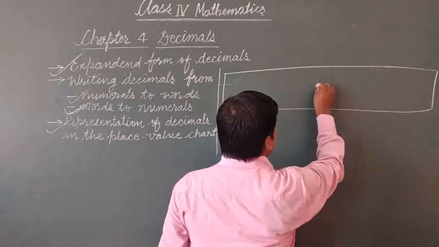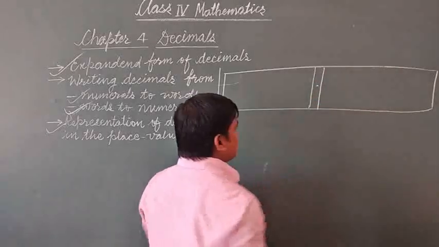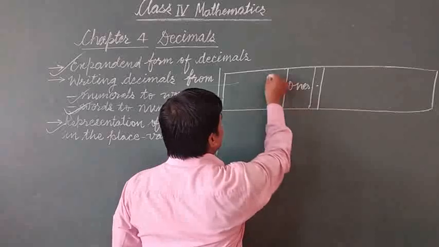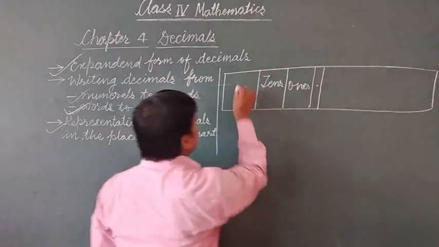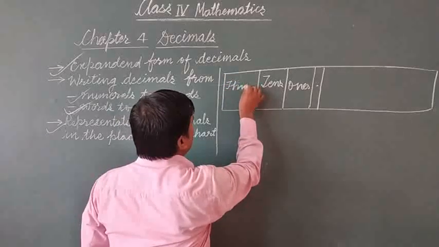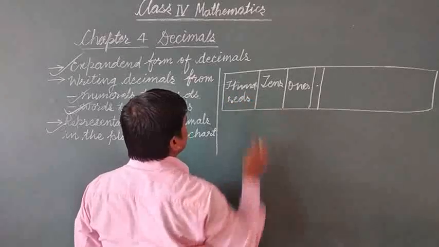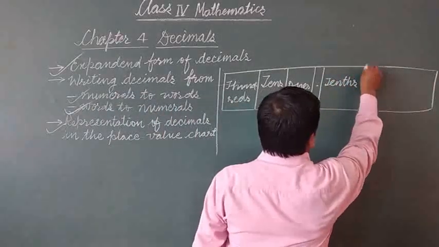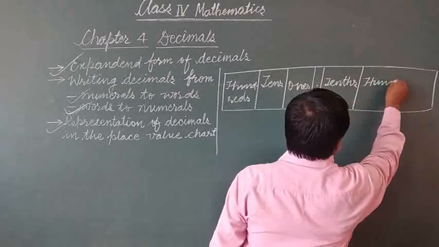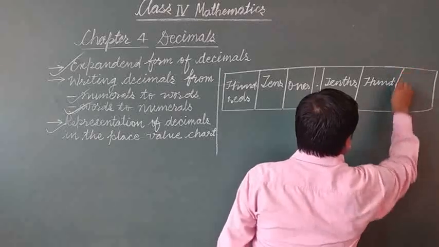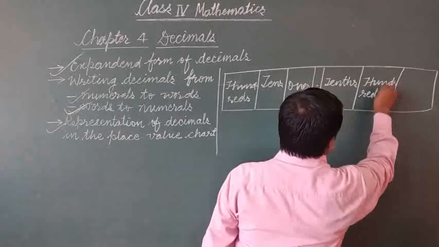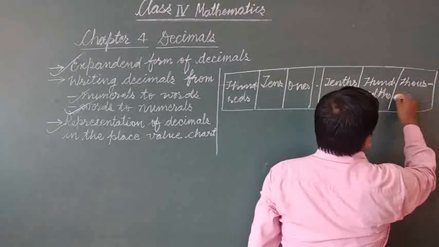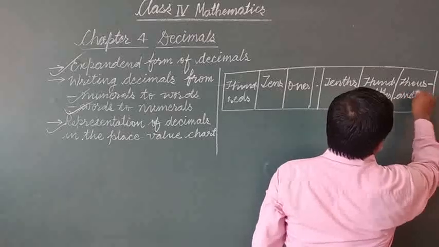As you know, if here is the decimal point, to the left of the decimal point we have ones, tens, hundreds, thousands and so on, and to the right we write tenths, hundredths and thousandths and so on.